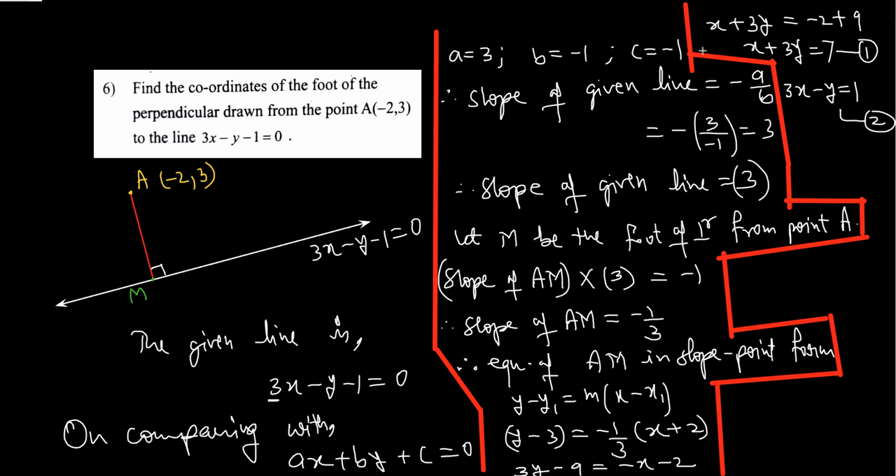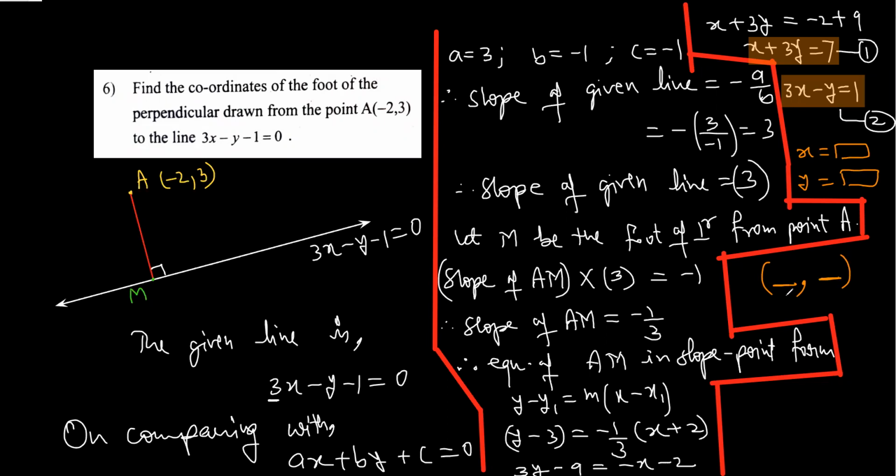I will solve these two equations simultaneously. When you solve, you will get the value of x, some number, and y, some number. Remember, this x comma y, you will write in a bracket, x value here and y value here.